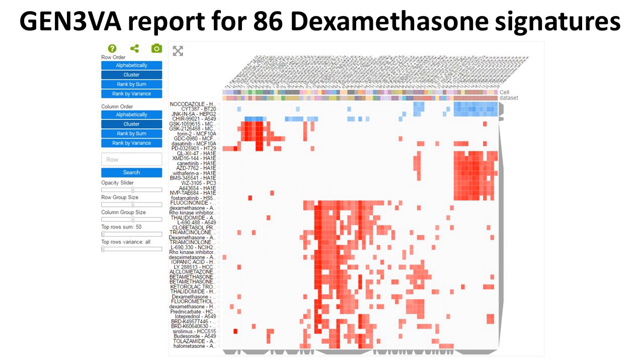We created a tool that queries those signatures and returns the top drugs that can either reverse or mimic the expression of the submitted signature. And here in blue are drugs that reverse the signature, and in red are drugs that mimic the signature.